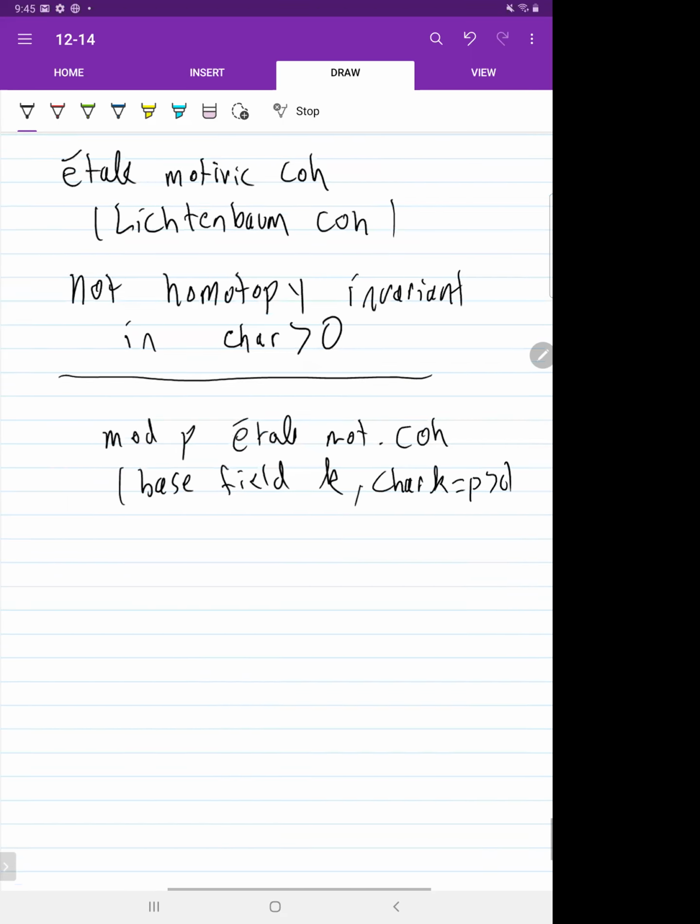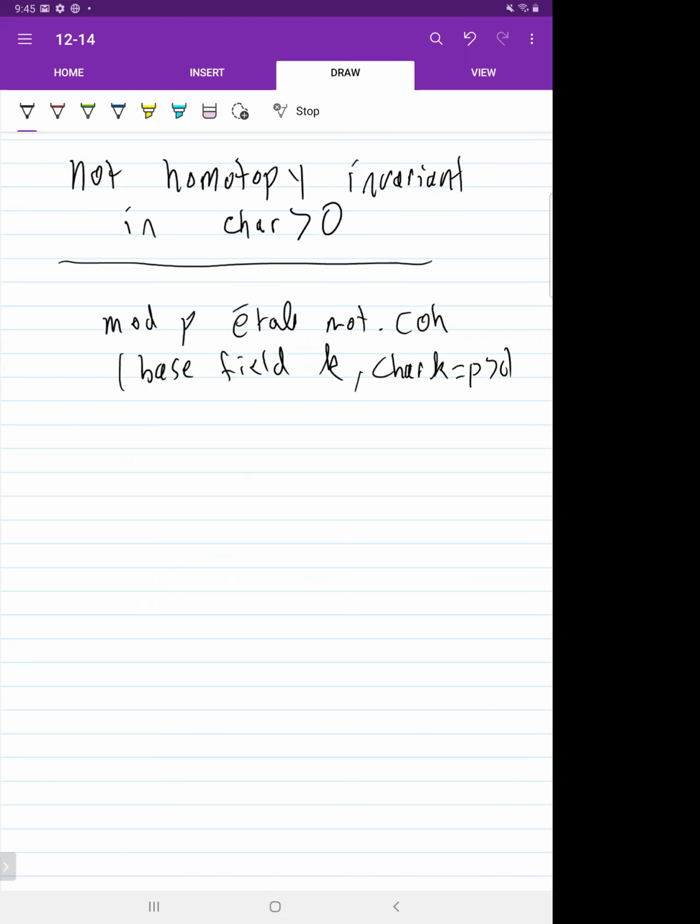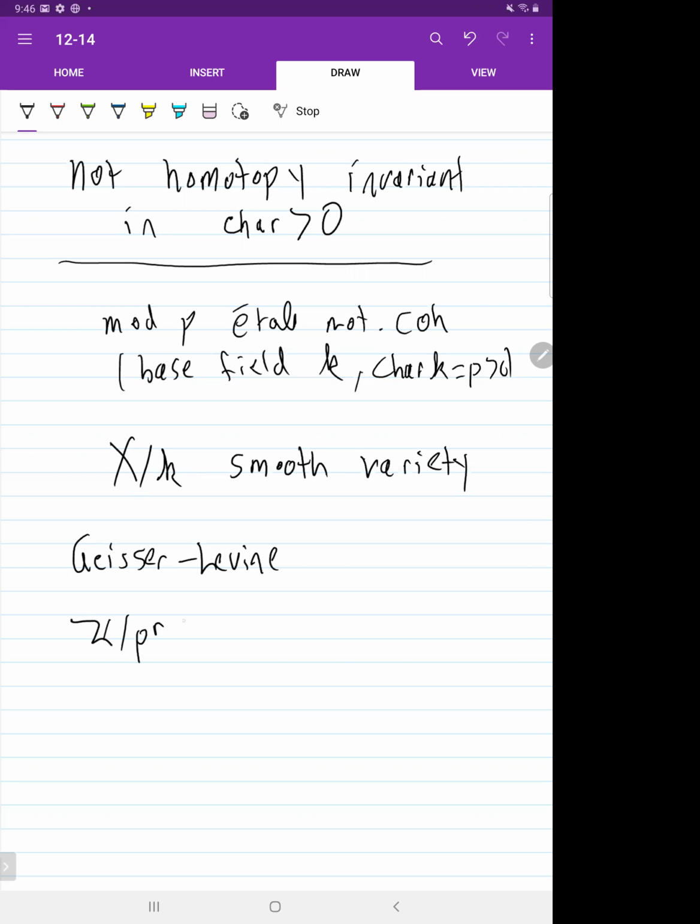So the starting point for how I want to define this is if I have X over K a smooth scheme, smooth variety, then Geisser-Levine proved that there's an isomorphism between the complex representing weight j motivic cohomology, so think of this as being Bloch's complex, and the logarithmic Hodge-Witt sheaf shifted by minus j.